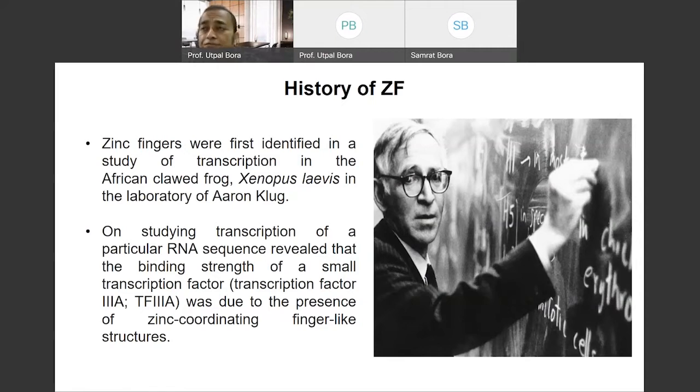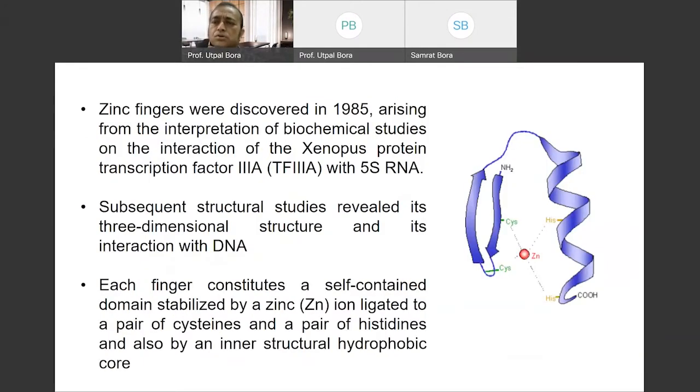In the laboratory of Nobel laureate Aaron Klug, their study of transcription of 5S ribosomal RNA revealed that the binding strength of this small transcription factor, TFIIIA, was due to the presence of zinc ions, the zinc coordinating finger-like structures. It was discovered in 1985.